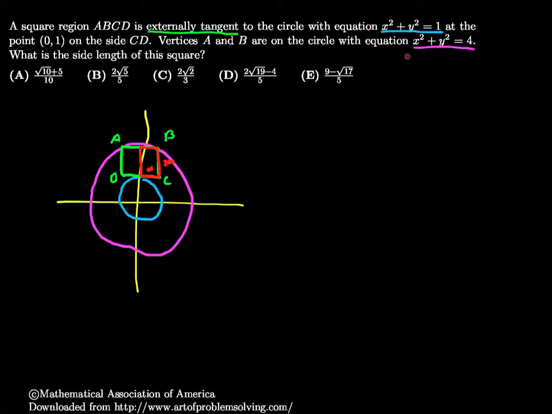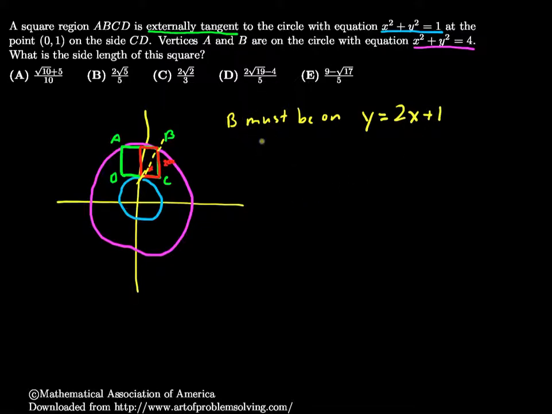That means B must be on the line y equals 2x plus 1, because this rectangle has to be twice as tall as it is wide, and it goes through (0, 1), so that's the y-intercept, plus 1.